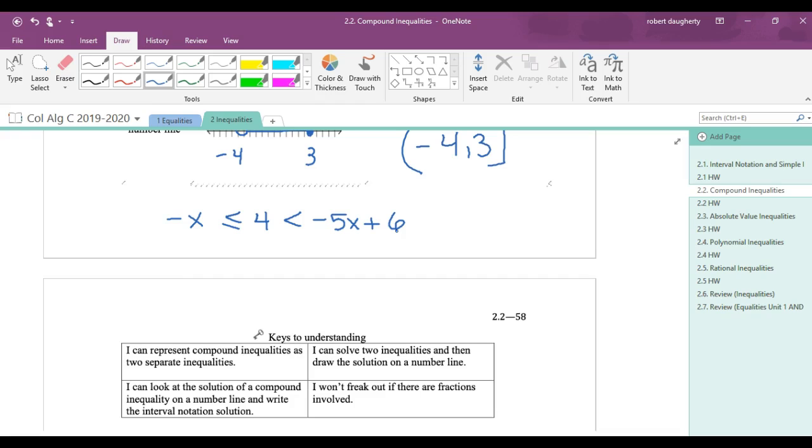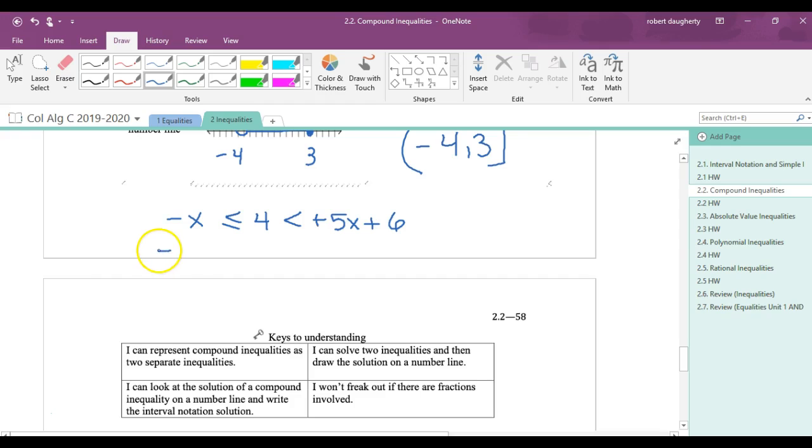Let's see if this works, okay? So I break this into two problems.